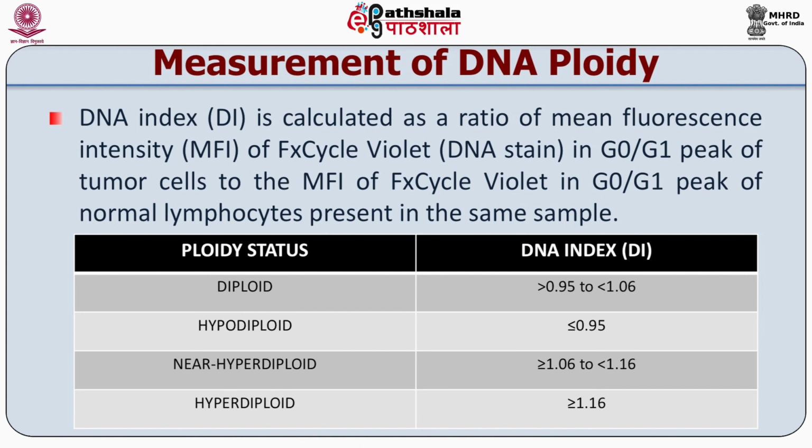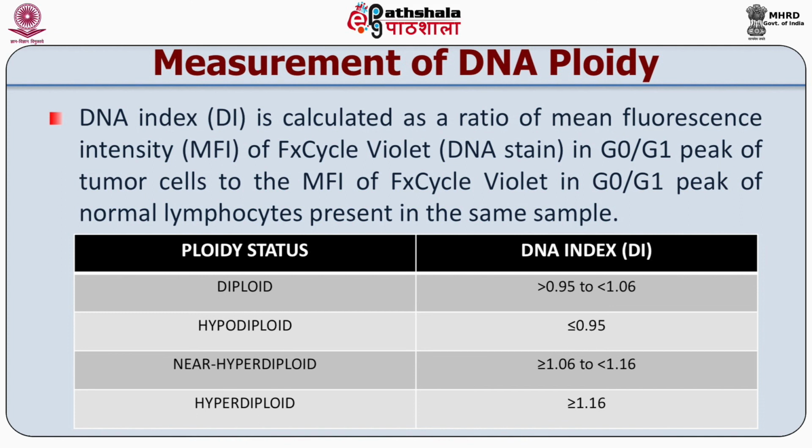The abnormal DNA content, also known as DNA content aneuploidy, can be determined in a tumor cell population. The ploidy status is indicated by DNA index, which is calculated as a ratio of mean fluorescent intensity of the tumor cells and the mean fluorescent intensity of the normal lymphocytes.